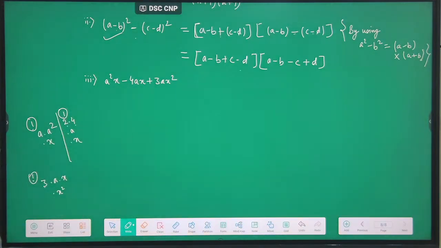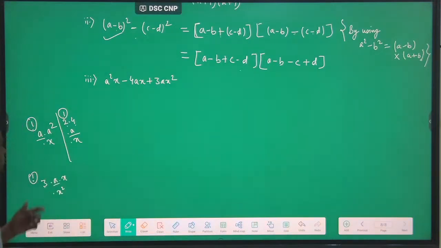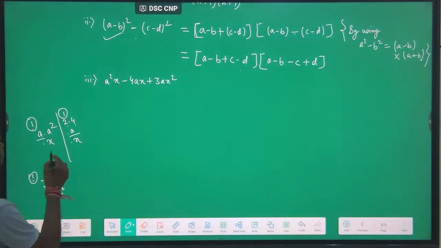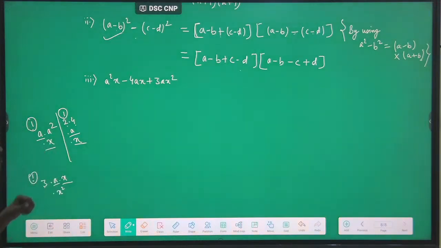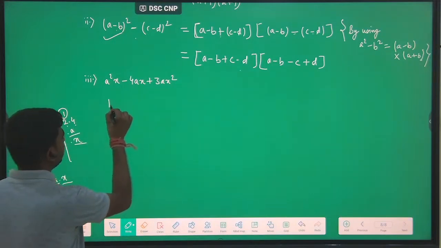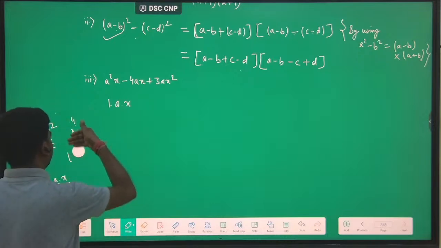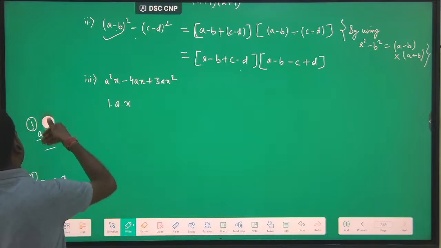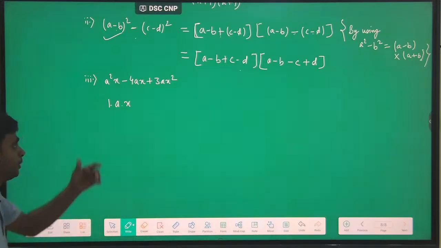Okay, similarly, what we are seeing, a is common in all the terms. Also, x is common in all the terms. So what we will use? 1, a and x. 1 multiplied with a, multiplied with x is the common term for this algebraic expression. Are you getting it? It is the very best part.